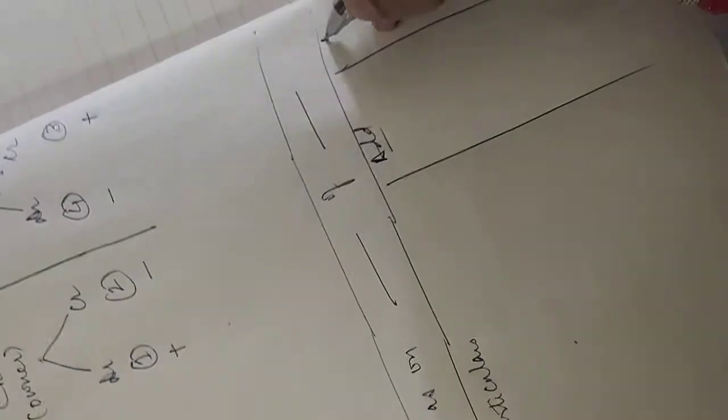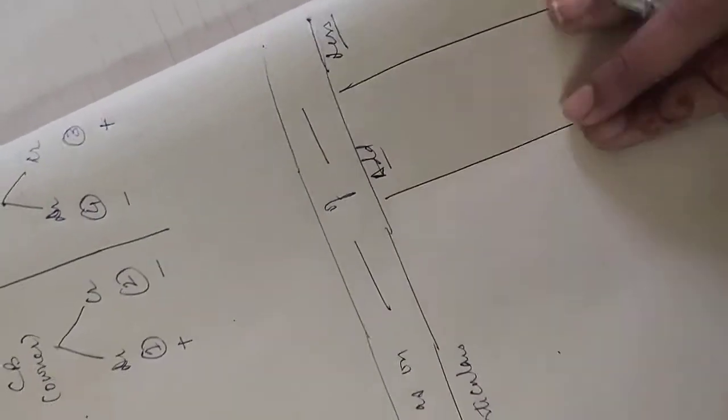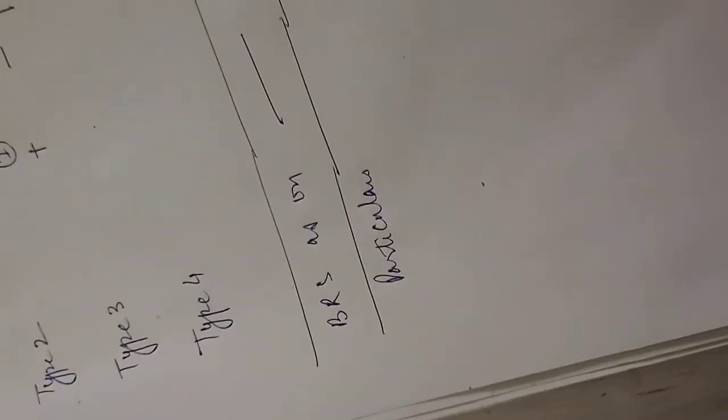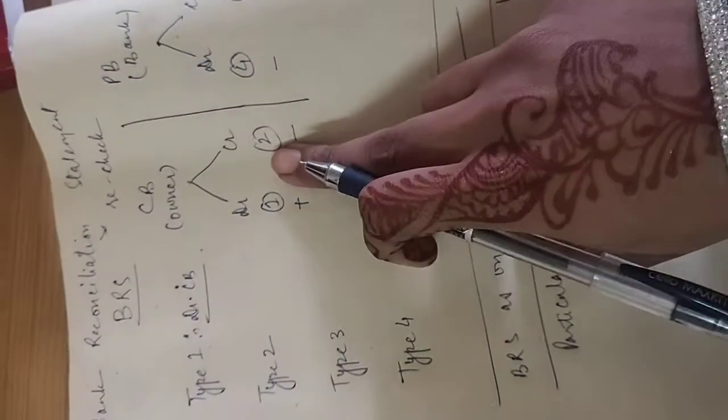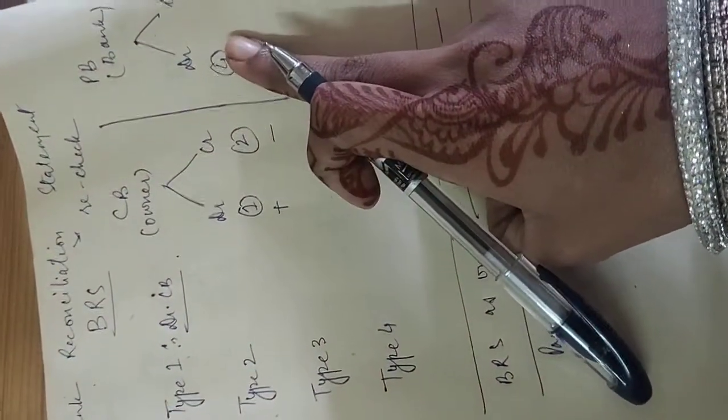Then you have to make one particulars, add and less, right? Now all the entries which we are going to study here are happening just because of the time gap between the transactions being passed in the cash book and then in the passbook, right?